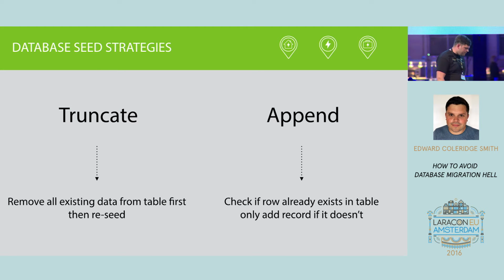So as mentioned, we have a couple of strategies that we'd use when we're putting data into the database in production. This applies to your demo seeds as well, actually, and your dev seeds, but mostly in production. And this is truncate and append.